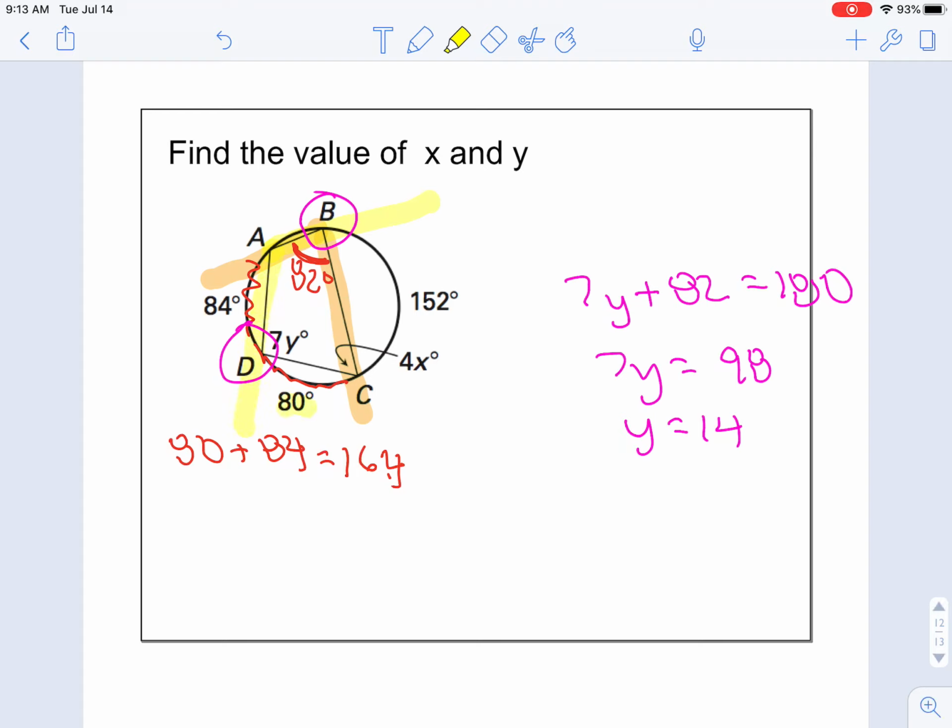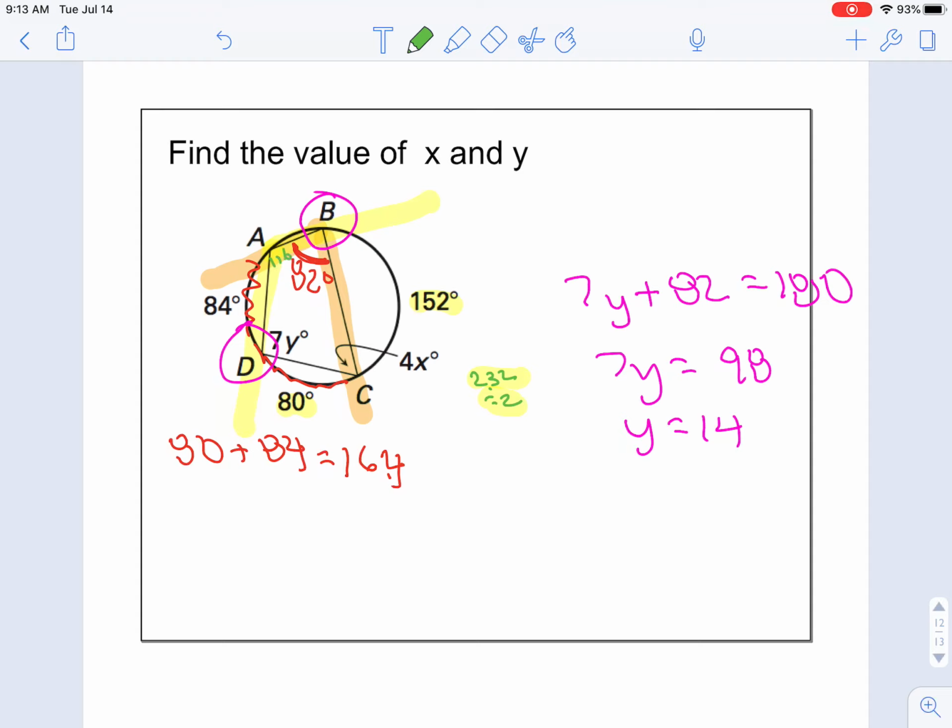And if we get a different color here, angle A right here is the sum of the 80 and the 152. So angle A is going to be, if I take 152 and add it with 80, that gives me 232. But I have to divide by 2.